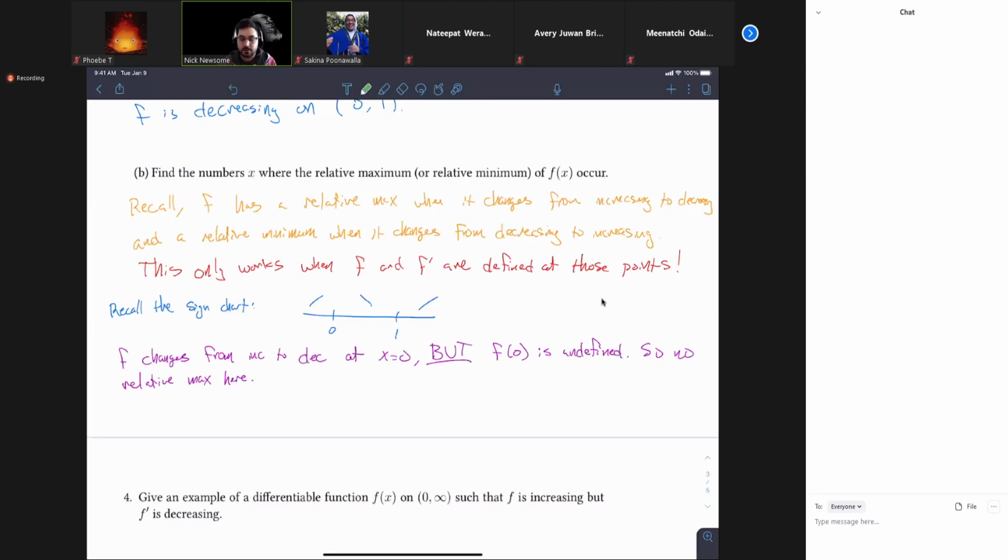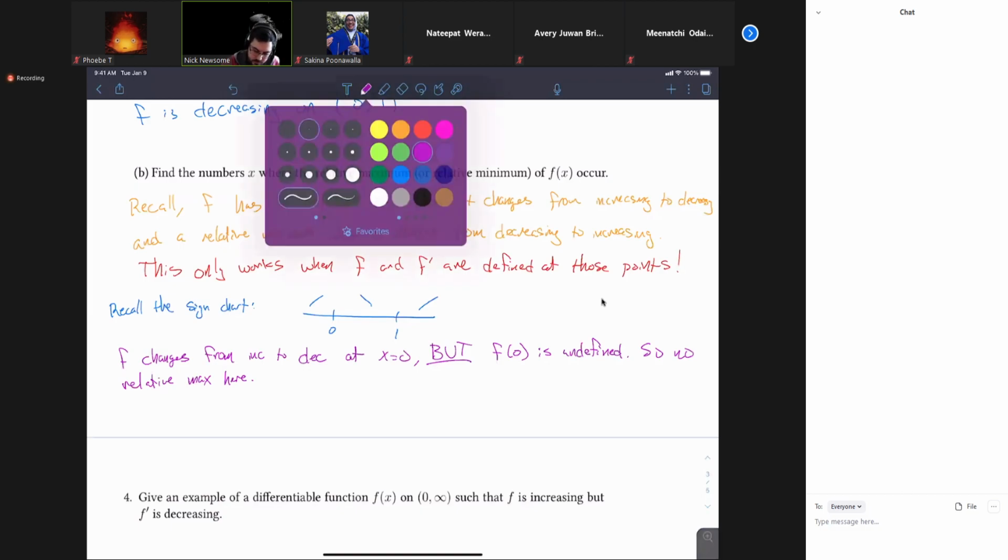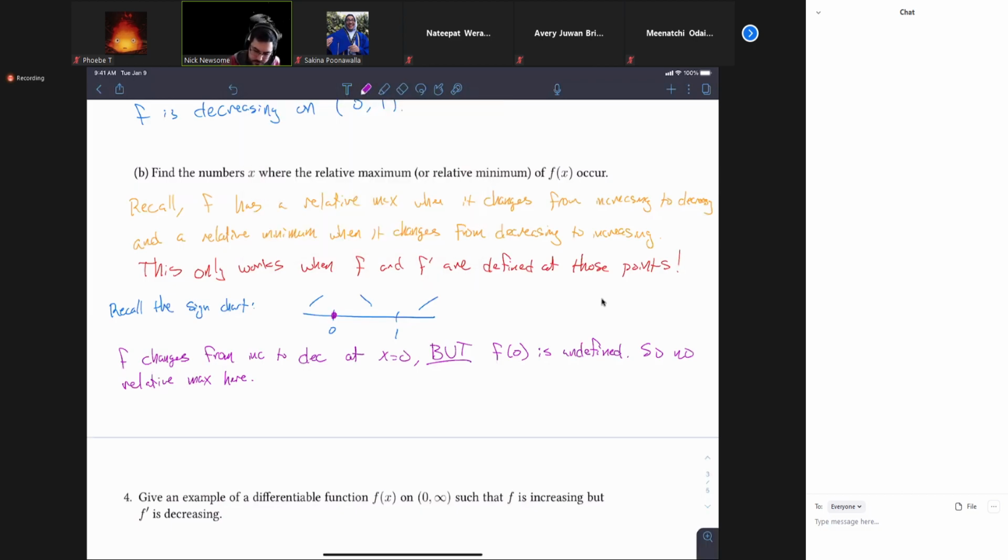Okay. Now, on the other hand, let me make that purple so it matches the purple thing. On the other hand, we're decreasing from 0 to 1 and then increasing from 1 to infinity. So that change happens at x equals 1, and our function is very well defined there.